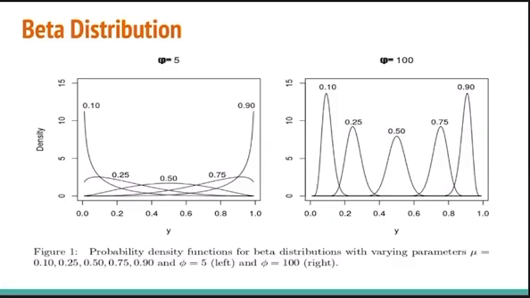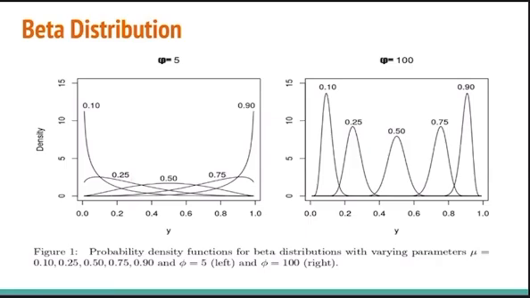What determines the flexibility of a distribution is the number of shape parameters that we have. That is why you see this. You can see the flexibility now: different kinds of shapes at different values of the mean.